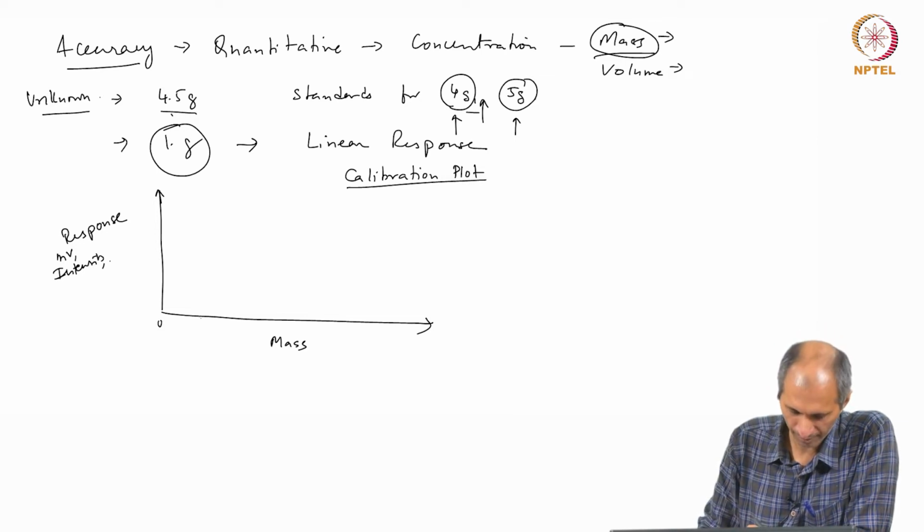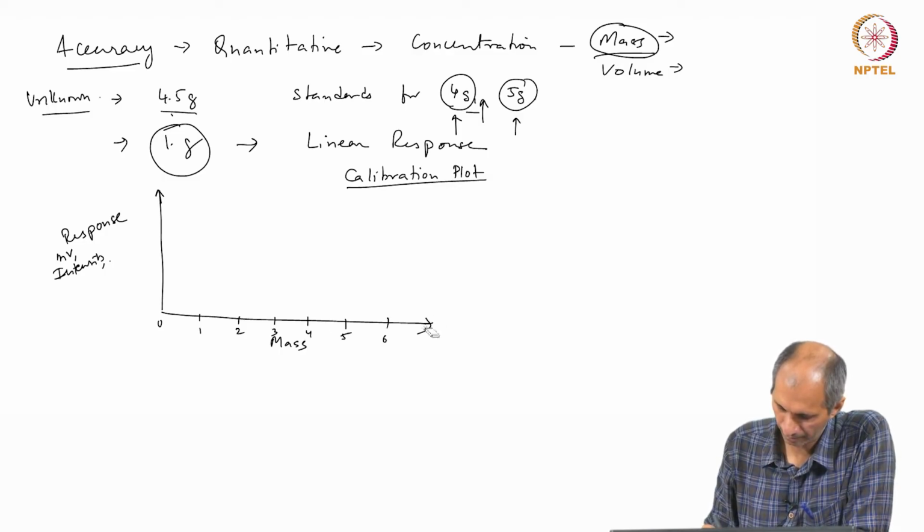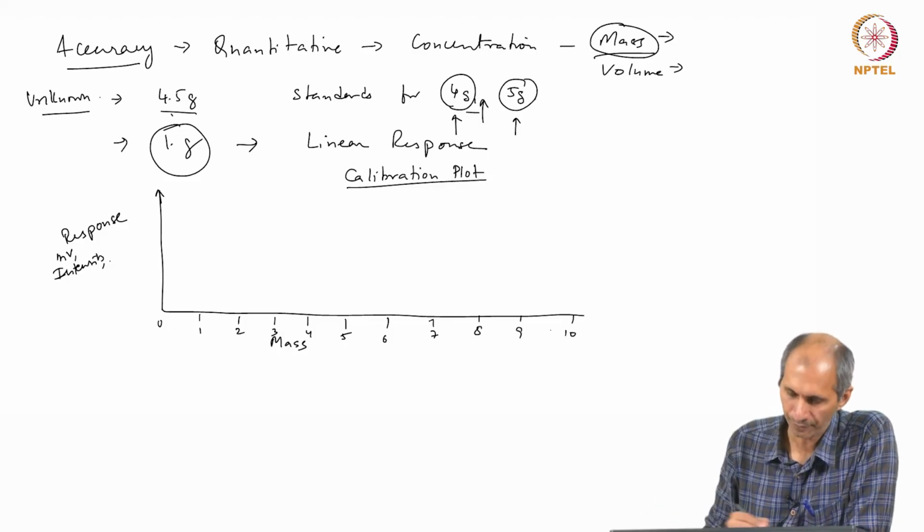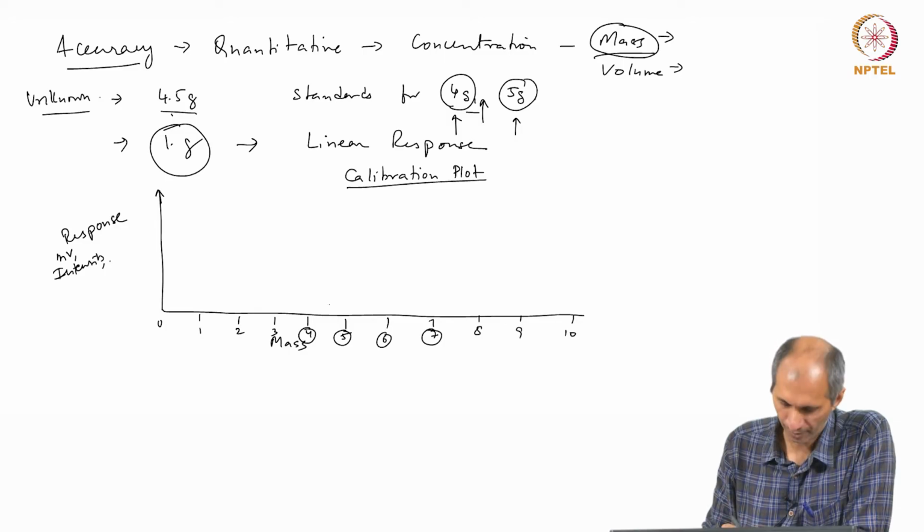So, if I have 1, 2, 3, 4, 5, 6, then let us say I have this many and the instrument gives a response. So, I have say 4, 5, 6 and 7, and the instrument gives a response.